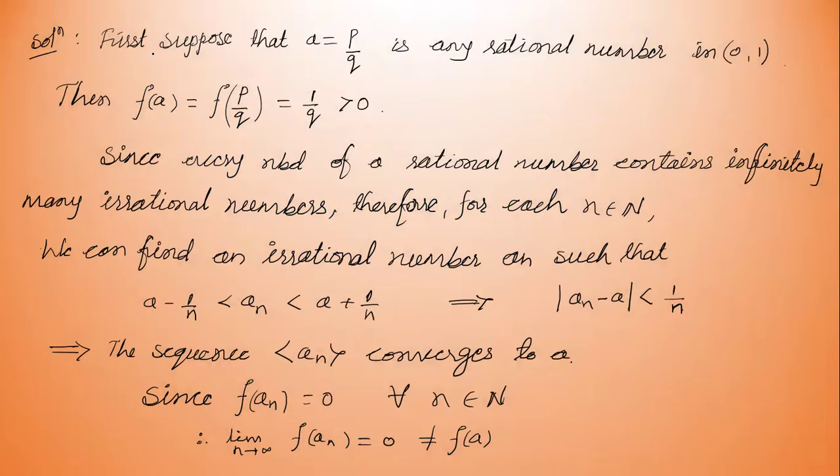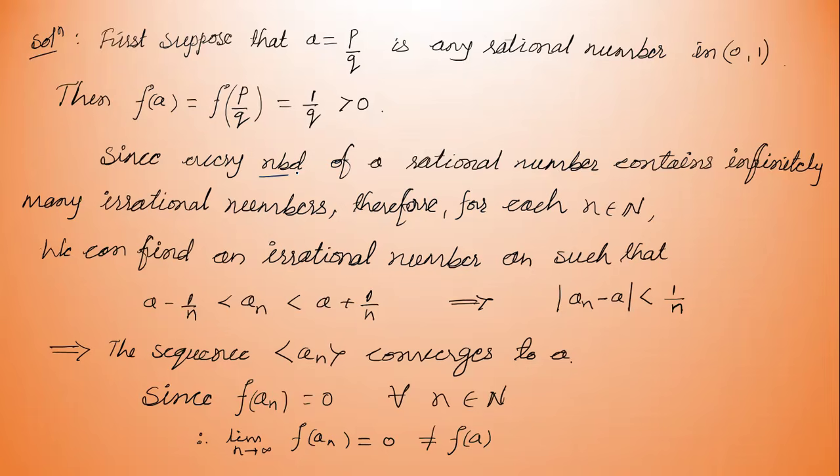See, solution is, first suppose that x equal to p by q and a equal to p by q is any rational number in open interval 0, 1, then f of a is equal to f of p by q, that means 1 by q, which is greater than 0.